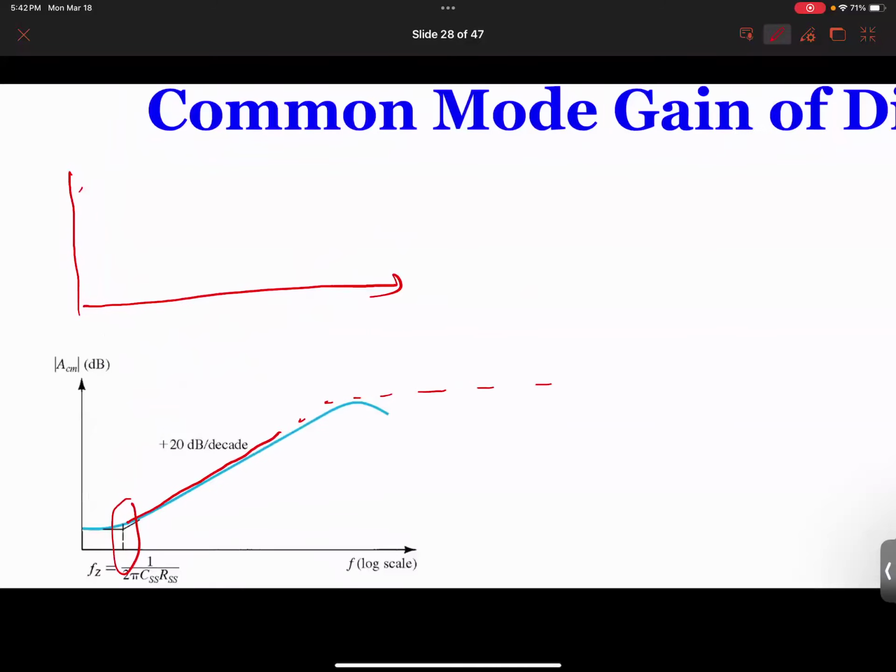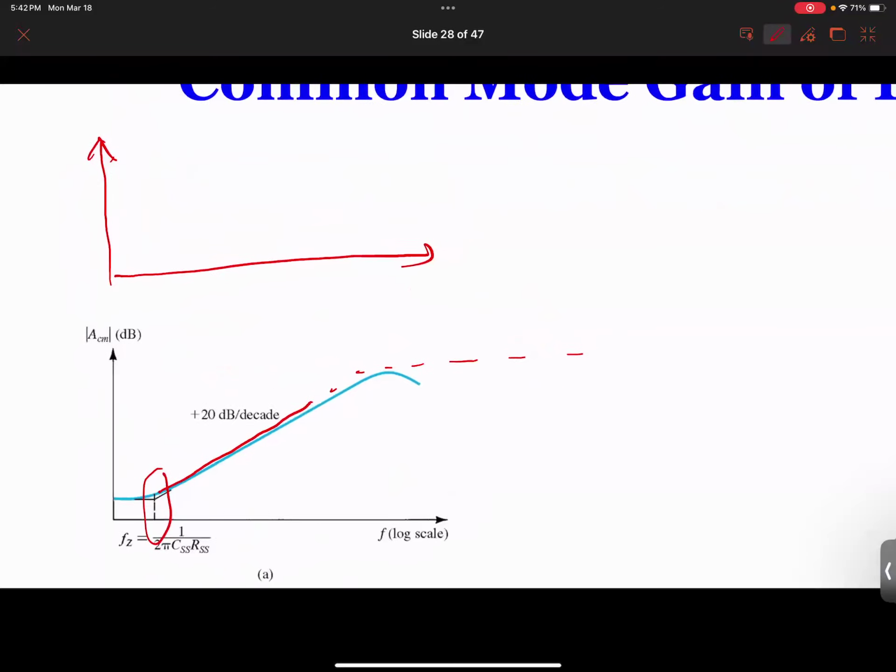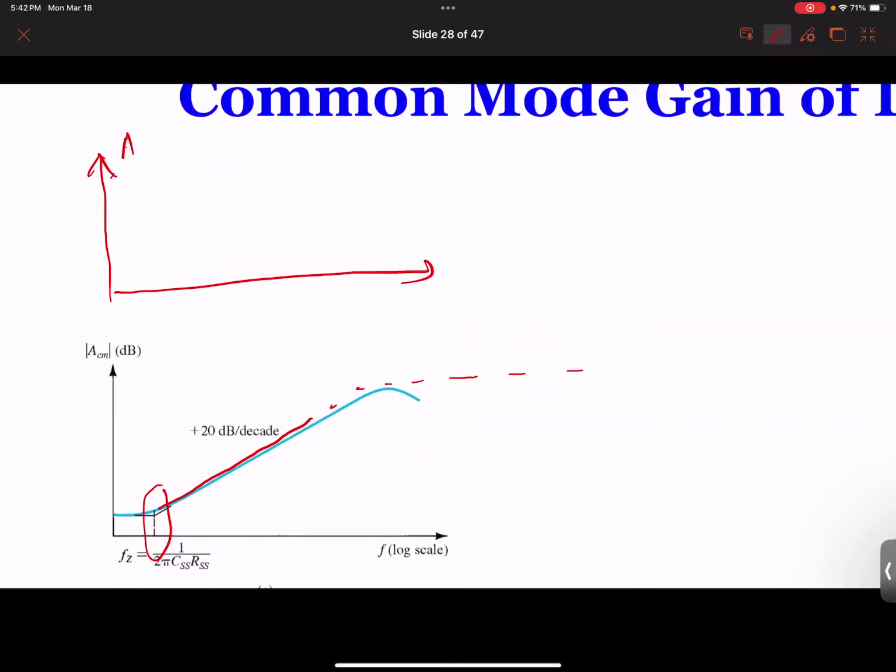So think about our differential gain. If our differential gain is something like this, this is our FH.